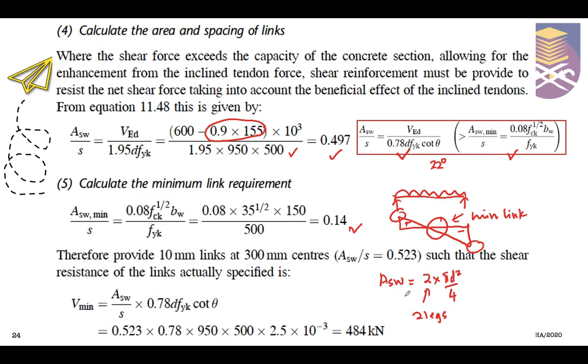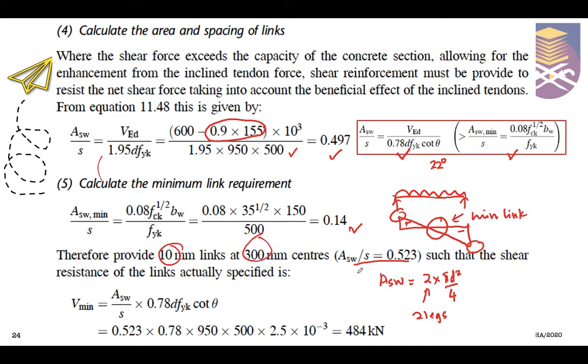This is how we calculate the value of ASW. So, provide 10 millimeter links at 300 millimeter centers, with ASW over S equals 0.523. This is the new value calculated.